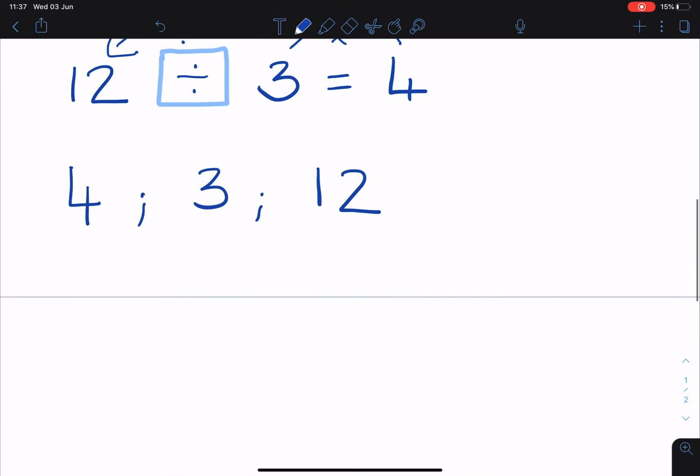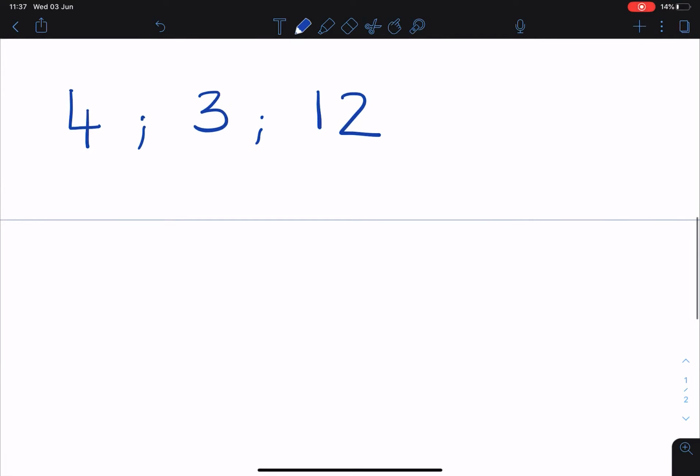Let's look at these numbers. I want you to write 4 number sentences using those 3 numbers. I want 2 number sentences using times, and I want 2 number sentences using divide.